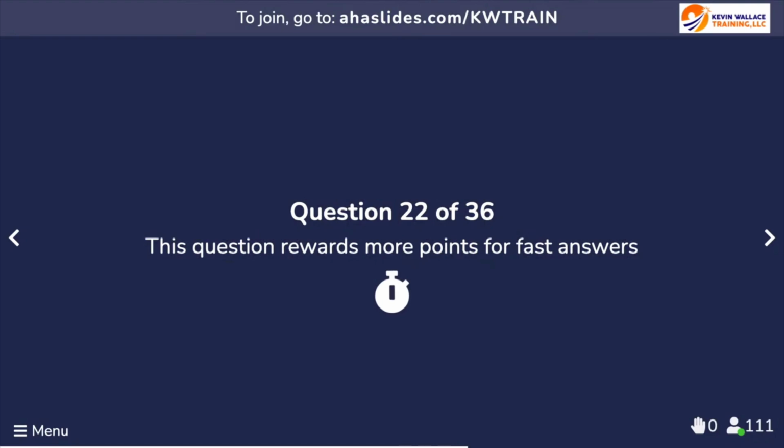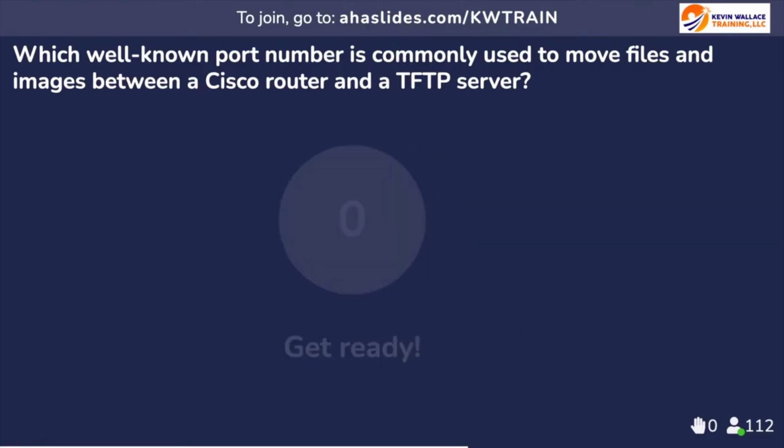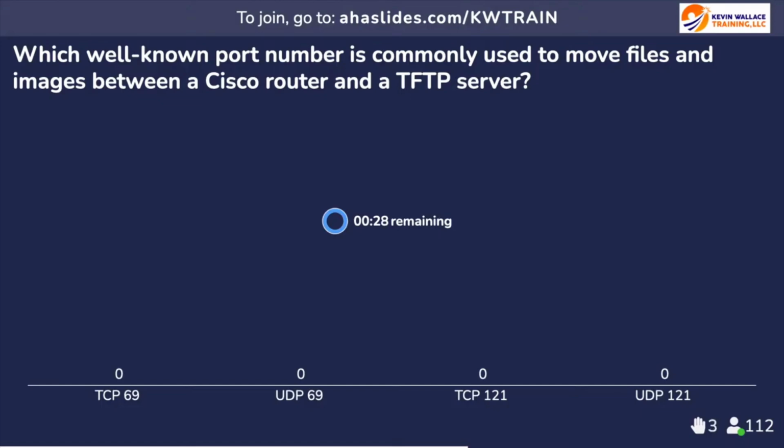On to question number 22. Which well-known port number is commonly used to move files and images between a Cisco router and a TFTP server? Is it TCP 69? Is it UDP 69? Is it TCP 121 or UDP 121?